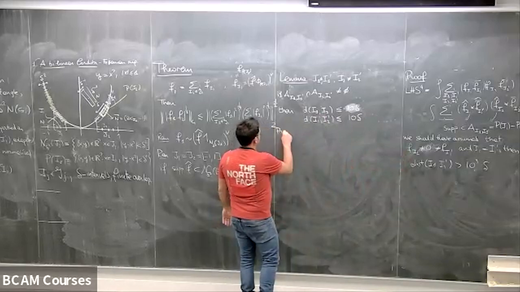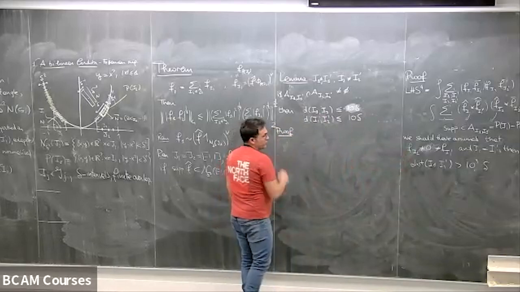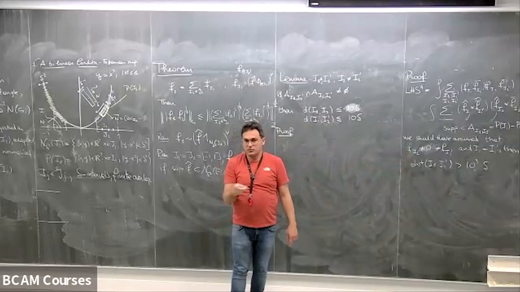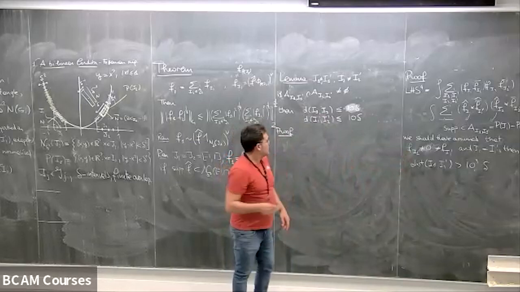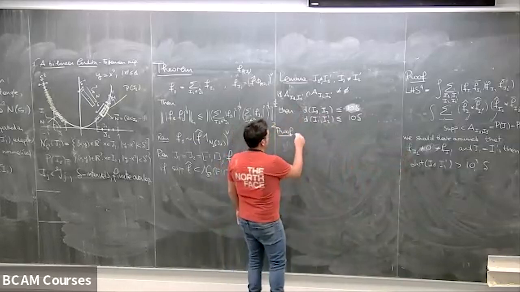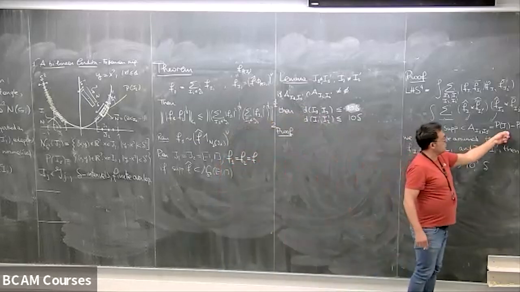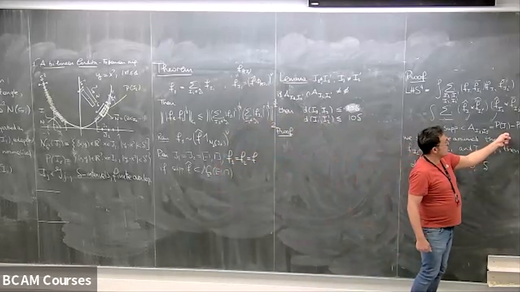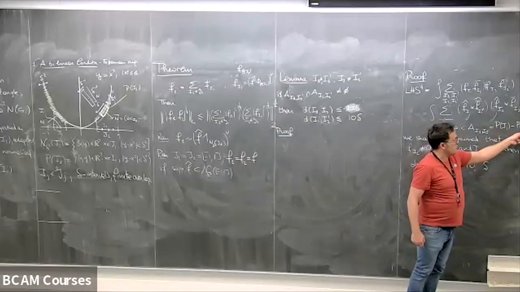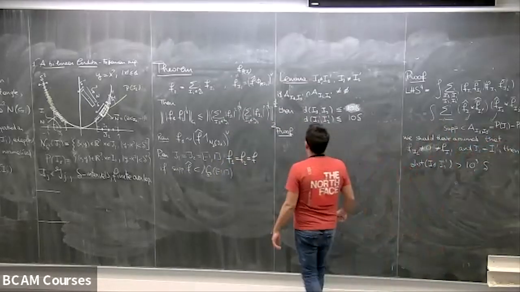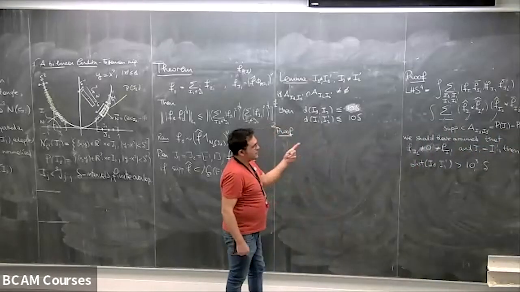So the proof is algebraic. There are geometric proofs. Do you know the algebraic proof? If this intersection is non-empty, remember what this intersection means. It means that there's a point that lies both in the difference of P of I1 and P of I1 prime, and the same for I2.